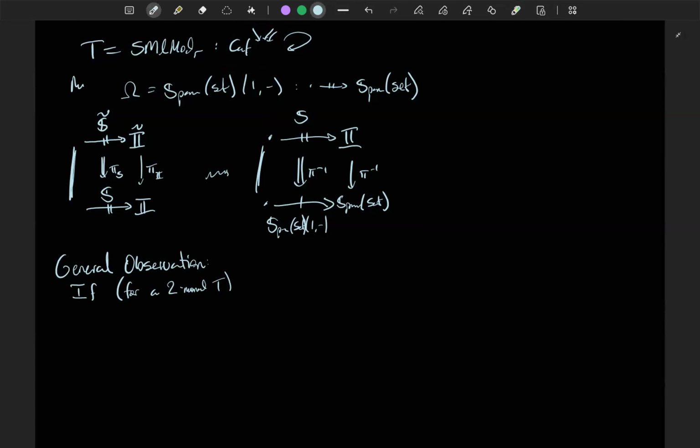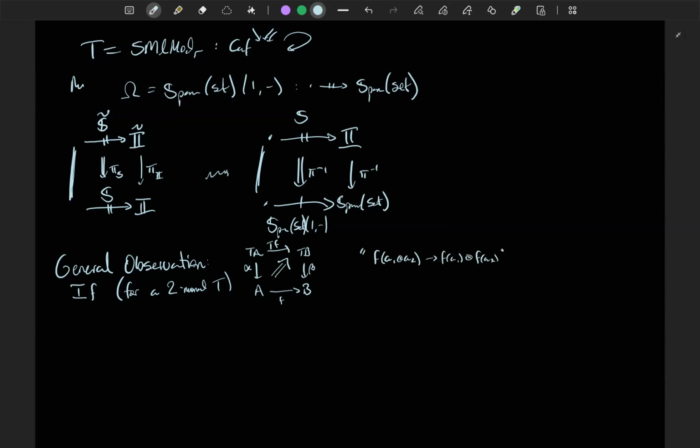We have a morphism F from A to B, which is colax. I think we covered lax morphisms. Colax means that the cell in the middle goes in the opposite direction, so it's going to go up instead of down. For example, we can think of this as saying that we go from F of A1 tensor A2 to F of A1 tensor F of A2.